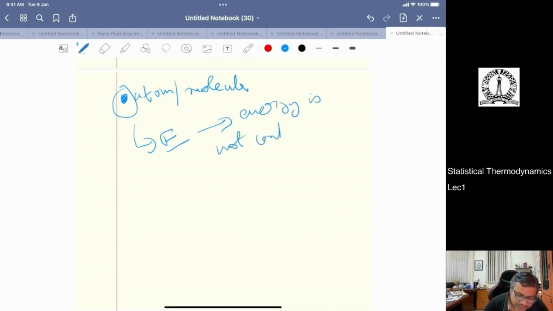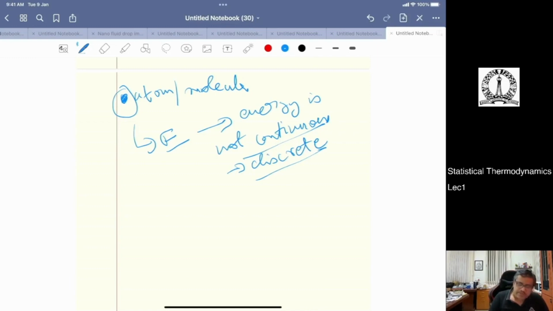That is the very basic tenet of quantum mechanics.